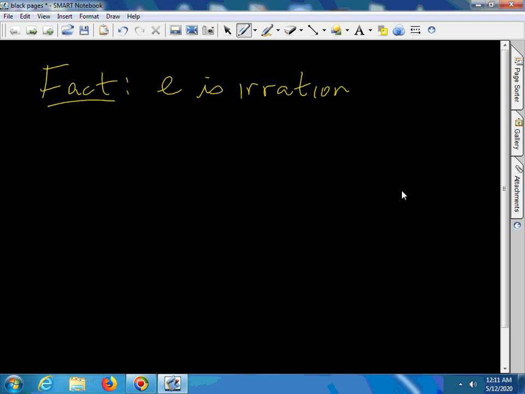I'm going to show a nice proof, actually a very nice proof, that shows that e is an irrational number. I did not come up with this proof, and it is just simply a beautiful proof.